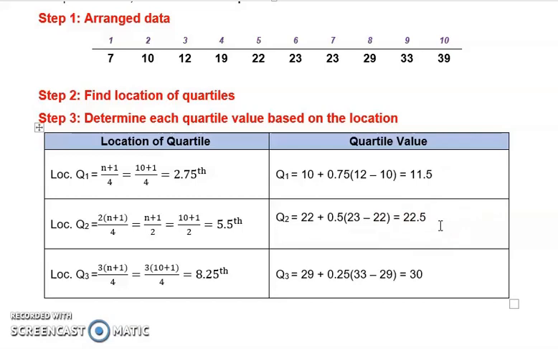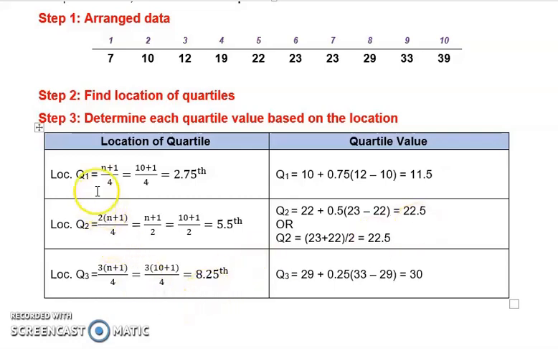For example, Q2 equals the average of 23 plus 22, divided by 2, and you will get the same answer. So remember, when you get 0.5 as the location for a quartile, you can always use the average method.